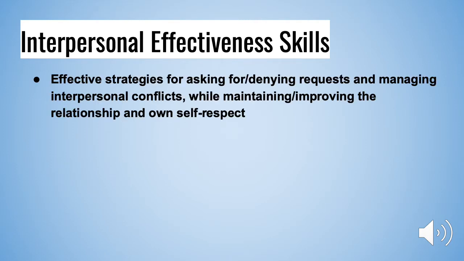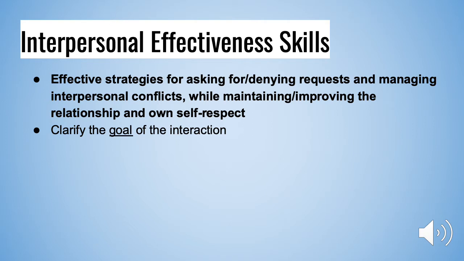So the core skills of this module are for making or denying requests and managing interpersonal conflicts, while also maintaining or improving the relationship with the other person and also maintaining or improving our own self respect.